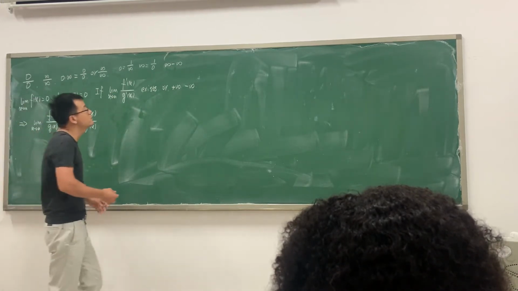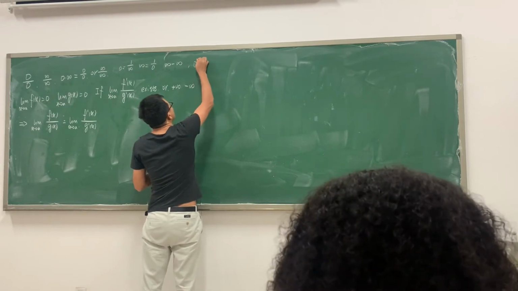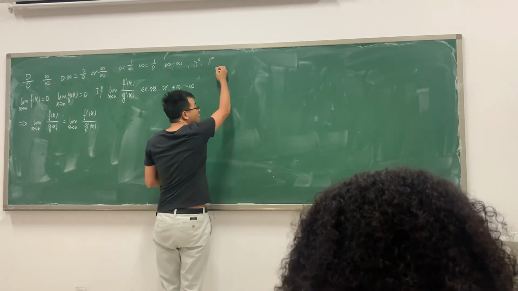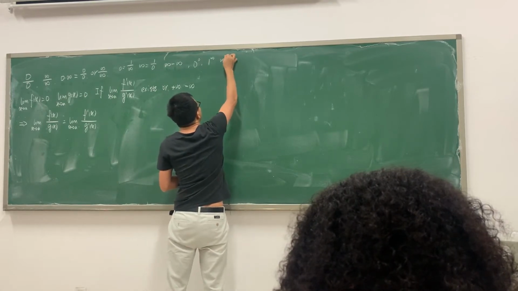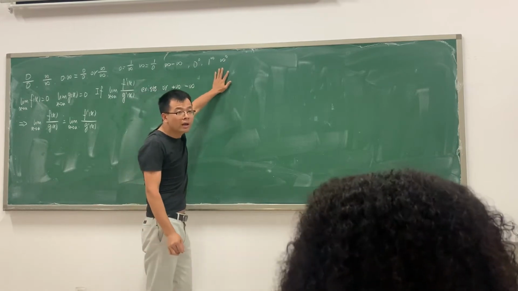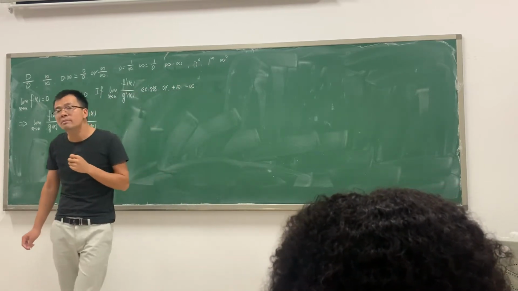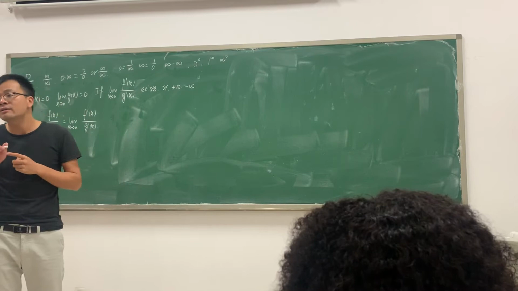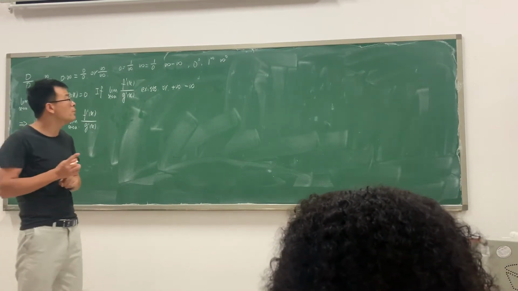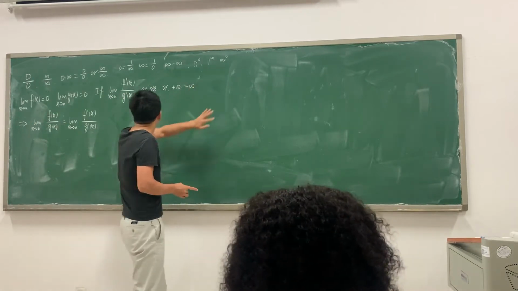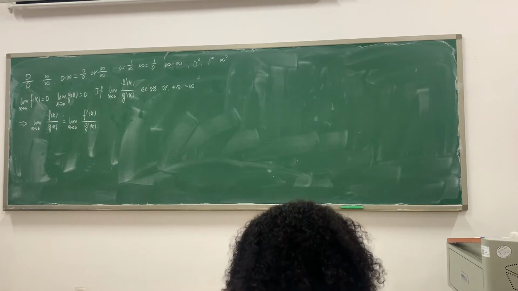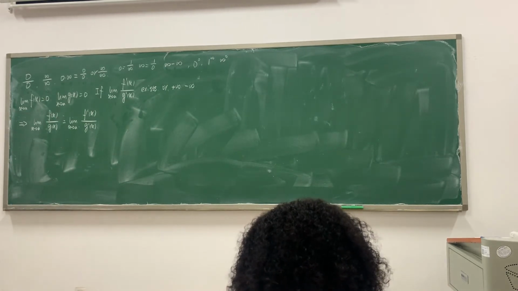And we have another group: 0 to the power 0, 1 to the power infinity, and infinity to the power 0. For these three, just keep in mind, okay? We first take the ln on both sides, take log on both sides and transform it to 0 by 0 or infinity by infinity. So you keep in mind that.